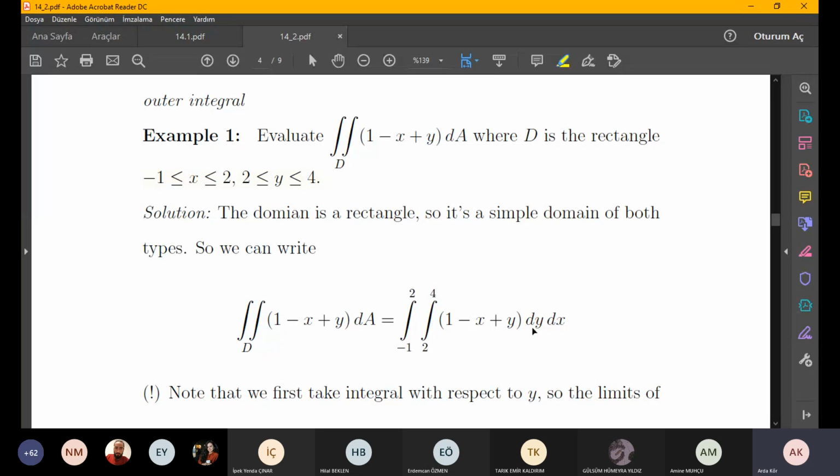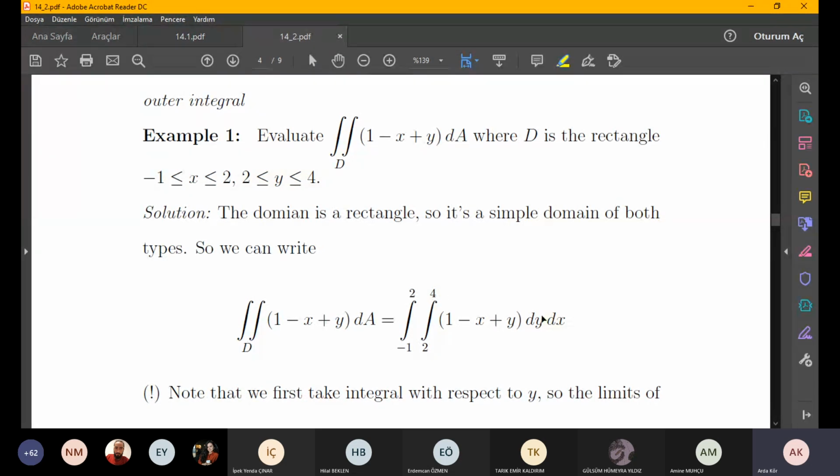So first, since you have dy here, you have to write the limit of integration as the borders of y. So that is why it has to be from 2 to 4. Then after that, since you have dx here, of course you can write it the other way, but then you have to change those simple integrals.